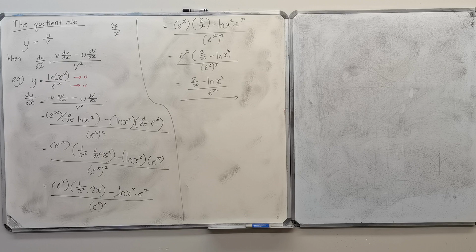Then we needed more short rules for functions of functions, and we used the chain rule, which you all know how to use. We did product rule, we've done quotient rule.